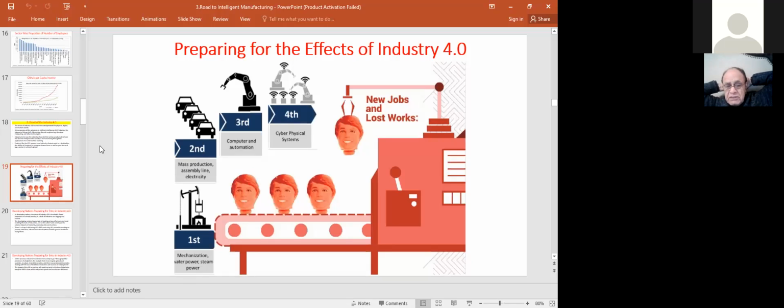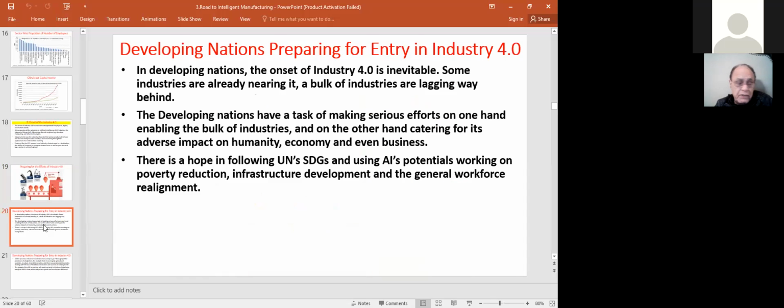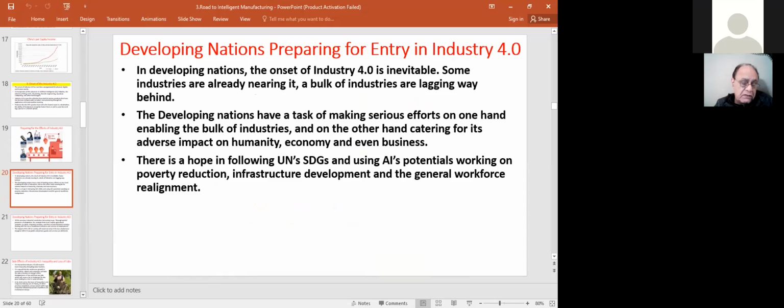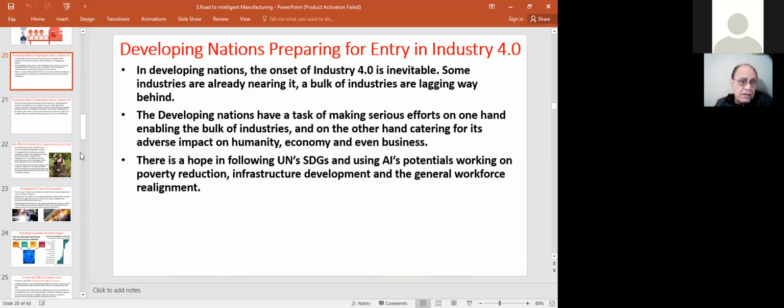So it's really shifting of the workforce, shifting of the kind of jobs they are used to. So we need to be careful, and we need to look after and keep our people employed in such a manner that these adverse effects are mitigated.